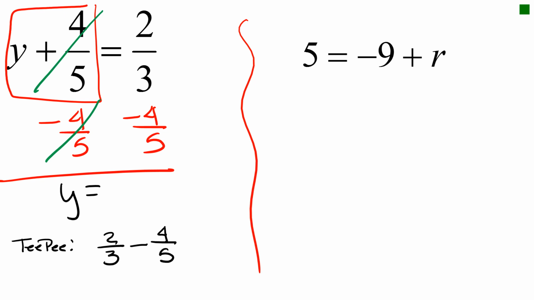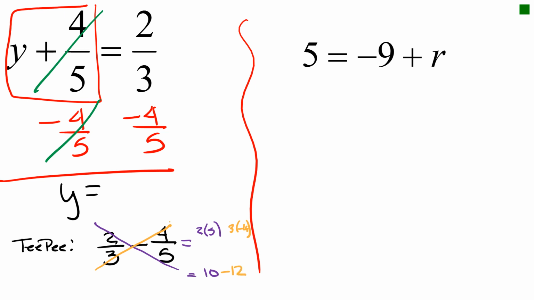It's called a TP method because it sort of makes a TP. So what you're going to do is you're going to take 2 times 5, and that gives you 10. Then you're going to multiply this way. Now this one you got to be careful. That's 3 times negative 4, and 3 times negative 4 is a negative 12. So we put minus 12.